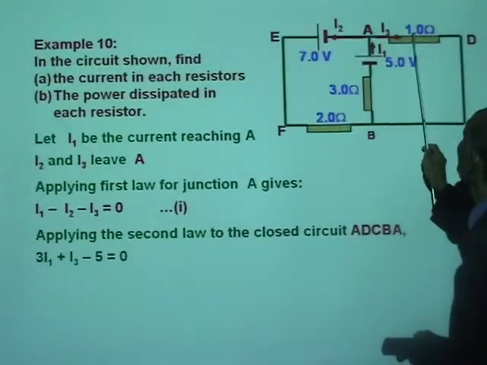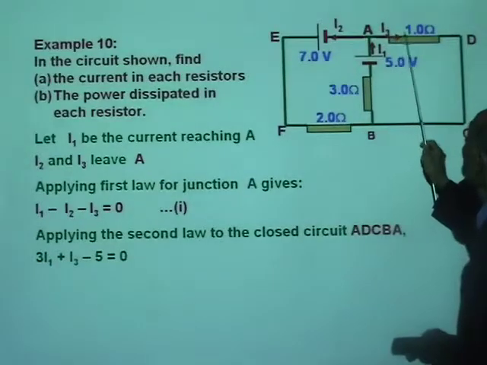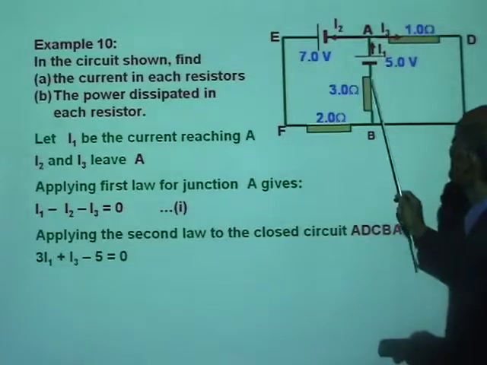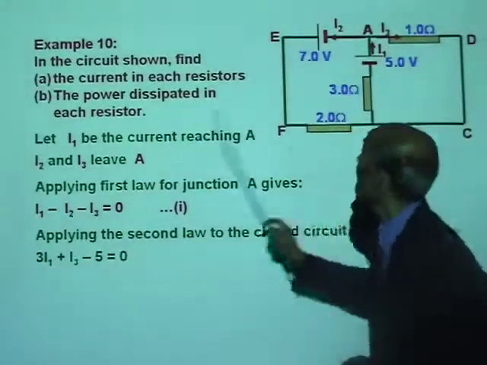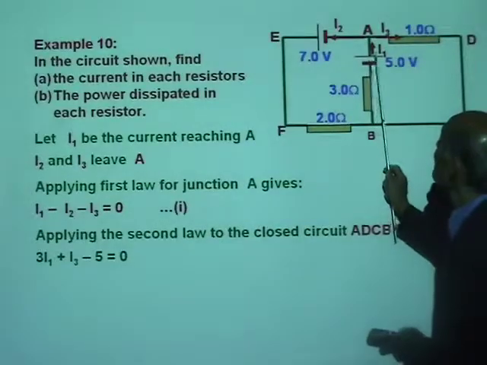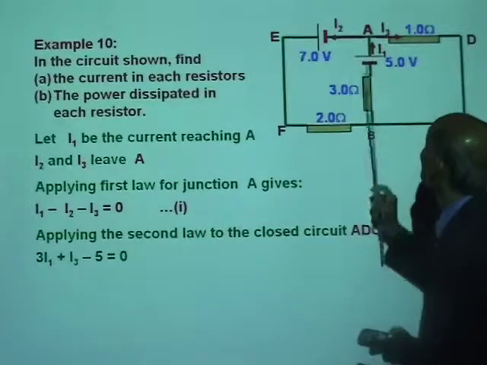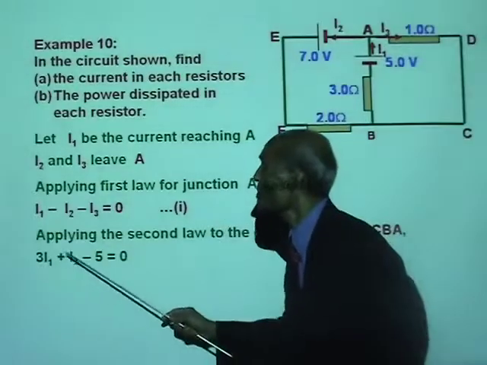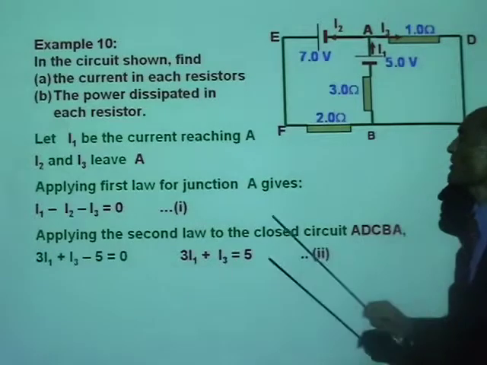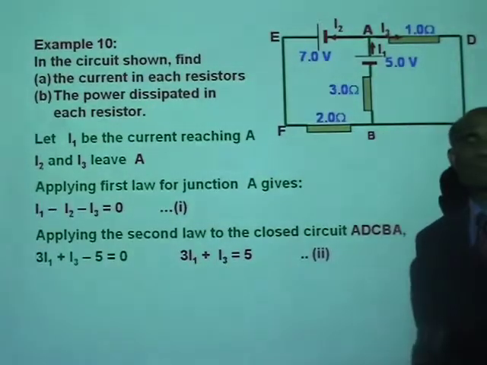So that will be 1 times I3 plus 3 times I1, so 3 I1 plus 1 I3 minus 5. You see, the loop is traced out from negative to positive. So 3 I1 plus I3 minus 5 equal to 0, which is 3 I1 plus I3 equal to 5.